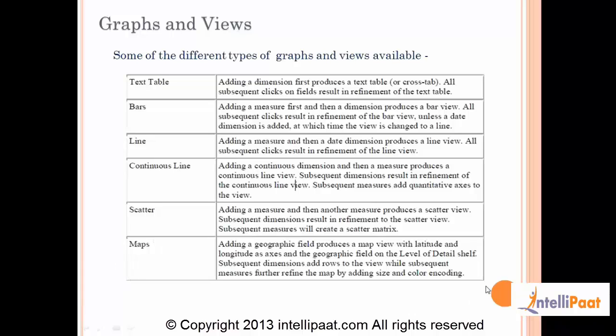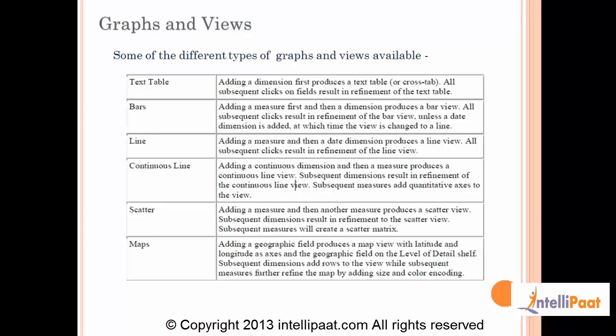Tableau gives you very good geospatial mapping facility, wherein you can go ahead and plot your sales or any of the measures, given that you have the state information or the city information.